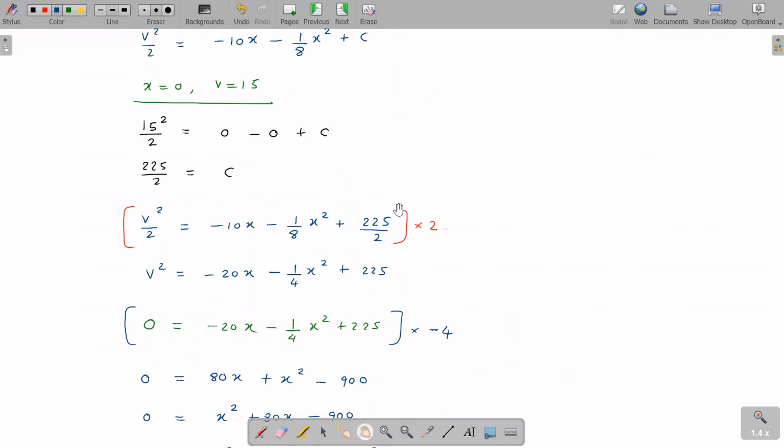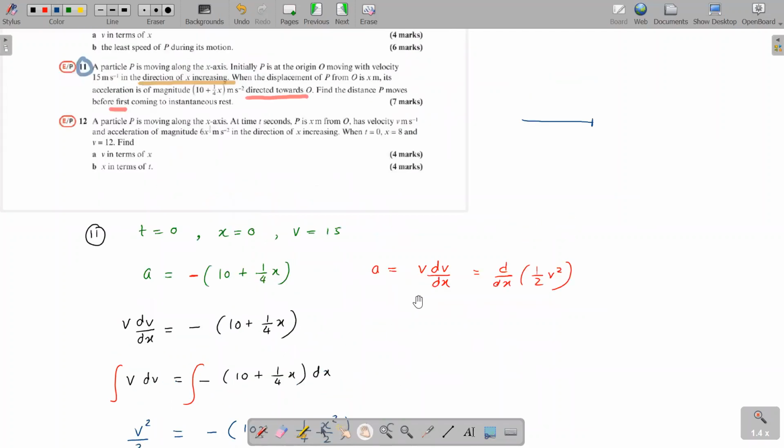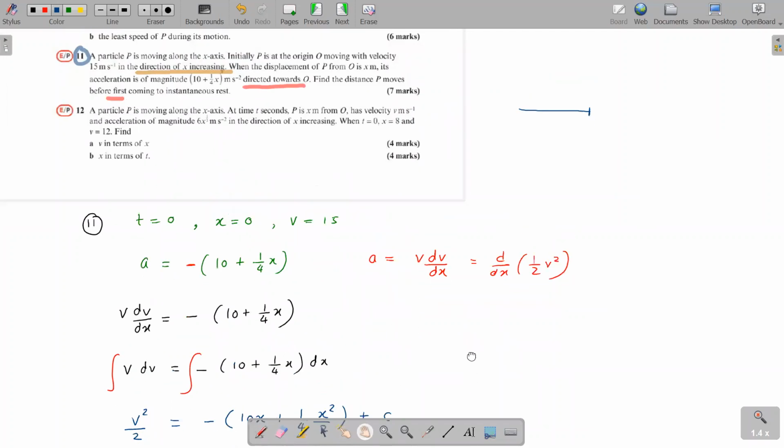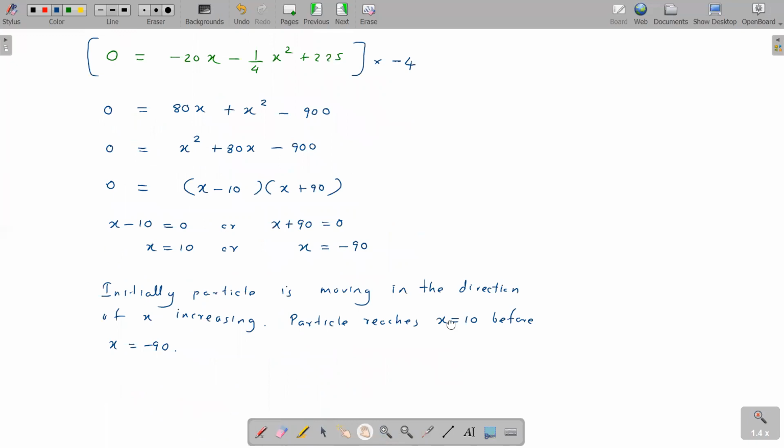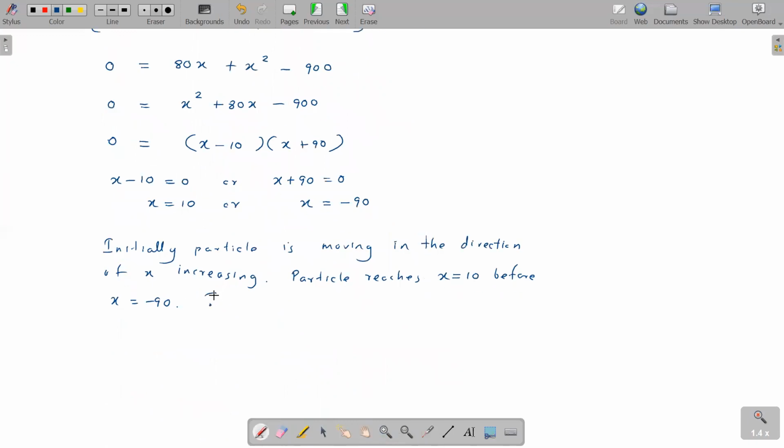Okay, and then answer according to the question. What are they asking in the question? Find the distance P moves before first coming to instantaneous rest. Therefore, P moves 10 meters before first coming to instantaneous rest.